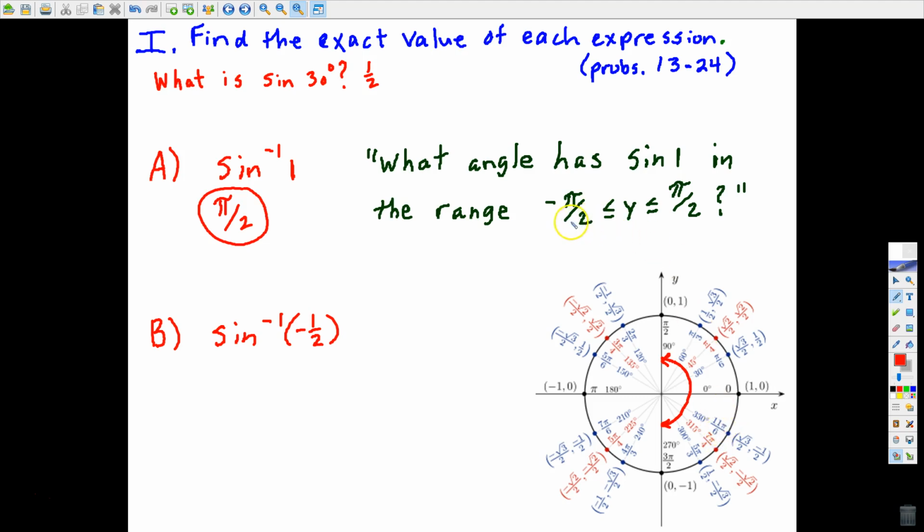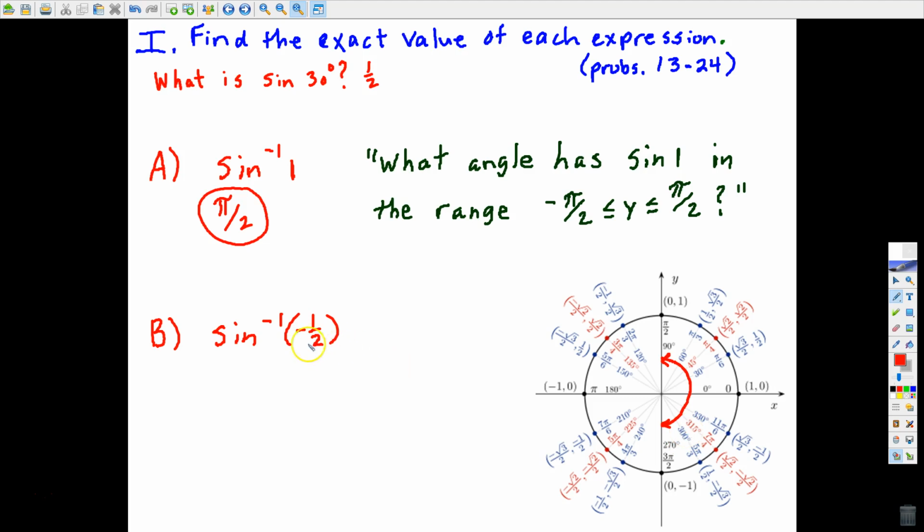But again, the domain is from negative pi over 2 to pi over 2. So basically, if you go up, that's pi over 6, pi over 4, pi over 3. And when you go down, that's negative pi over 6, negative pi over 4, negative pi over 3.